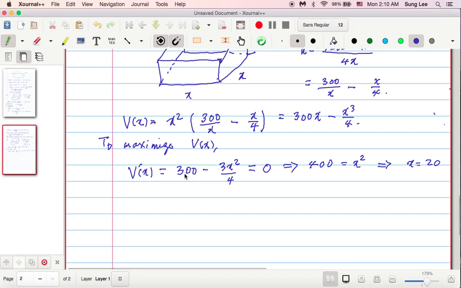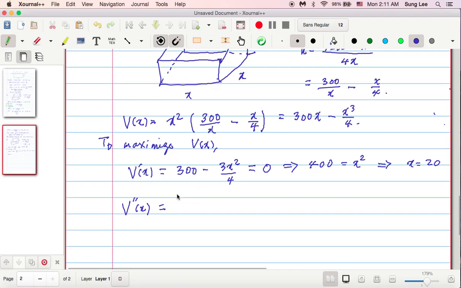Okay, so I was saying earlier that in order to make sure that x equals 20 gives rise to the maximum volume, we will have to use the second derivative test, right? So let's find the second derivative of the volume function.